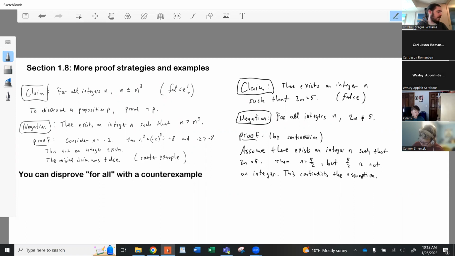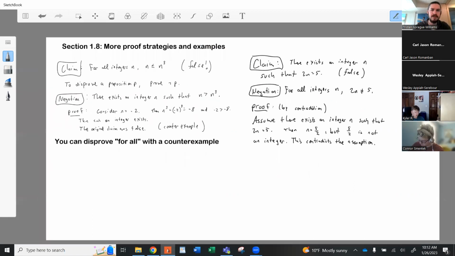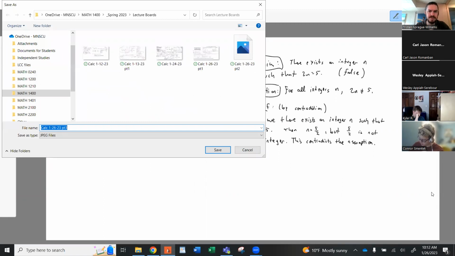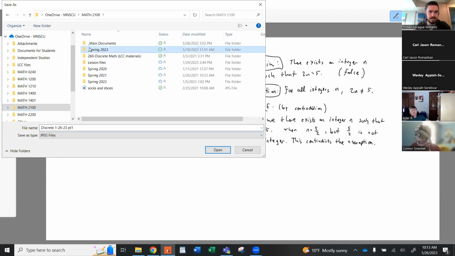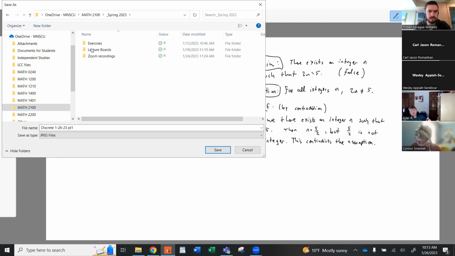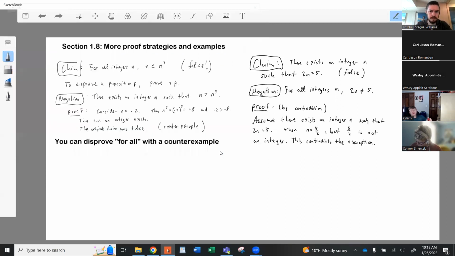Okay, so part of what we're dealing with here is a thing called an existence proof. So let's talk about existence proofs a little more specifically. I'm going to go ahead and get a fresh page for this one. Here we go.